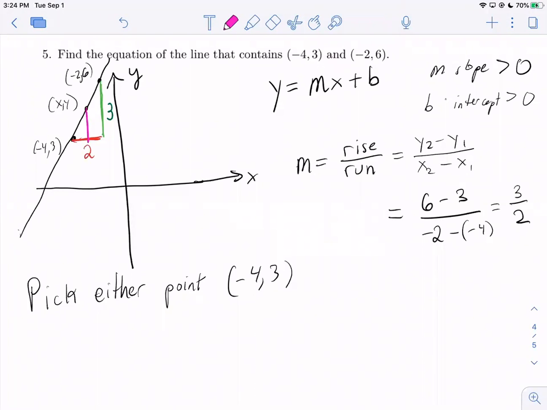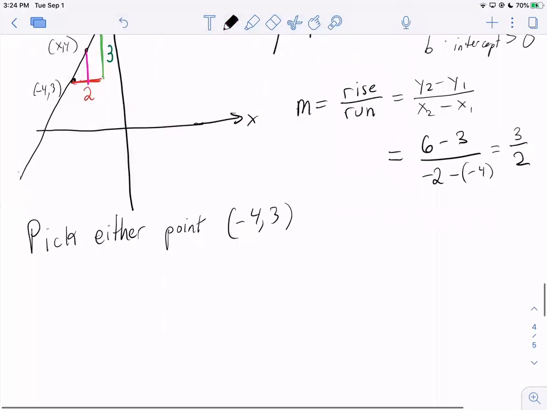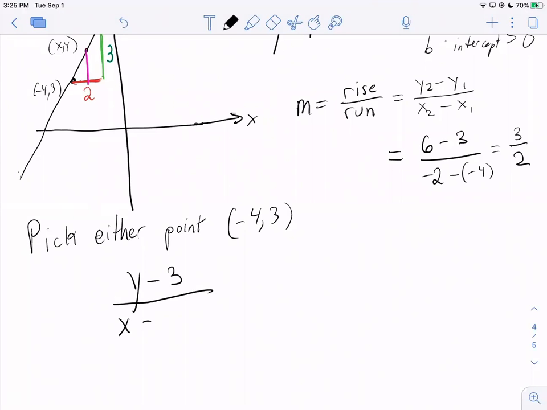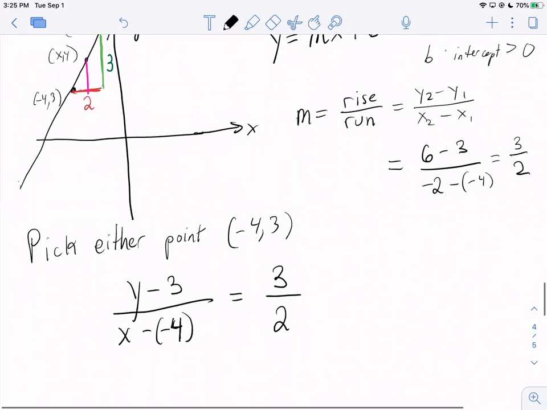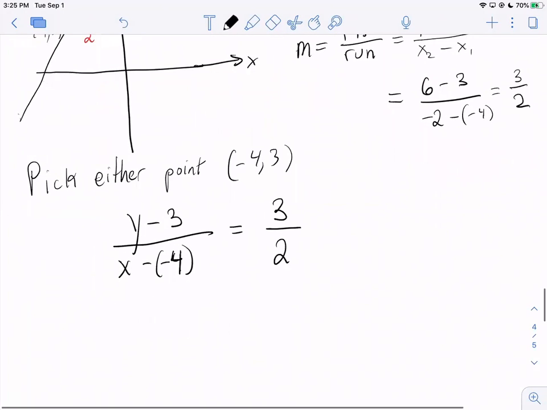So if you look at the purple side, that tells you that y minus 3 all over x minus -4 has to have the same slope or ratio as the other 2 points. And from here, you can get the full equation.